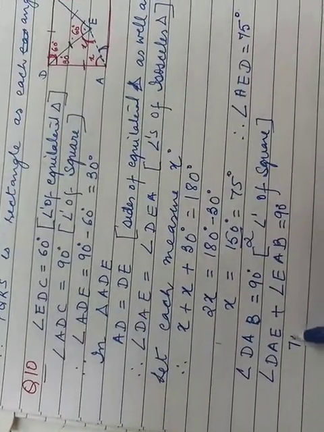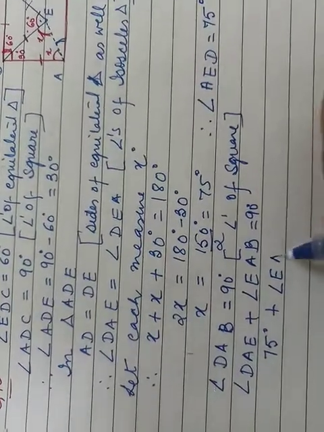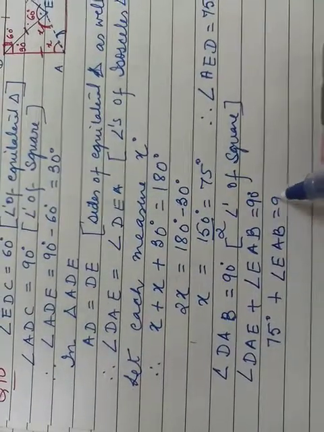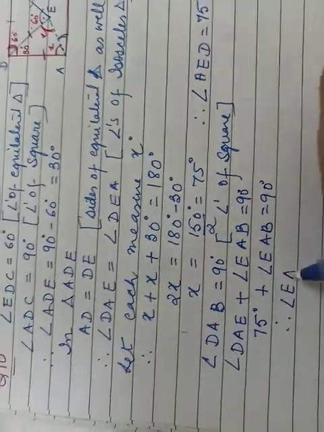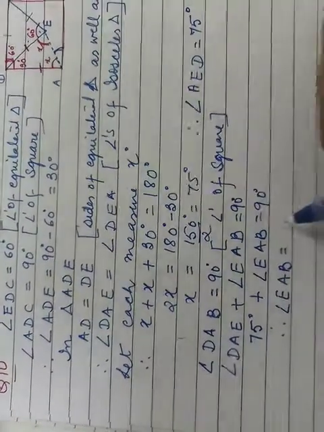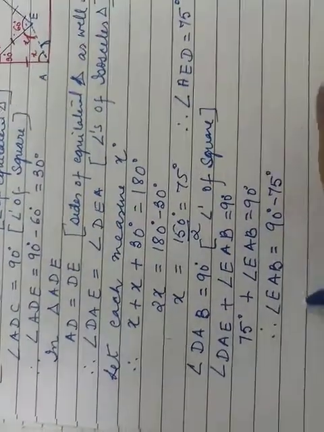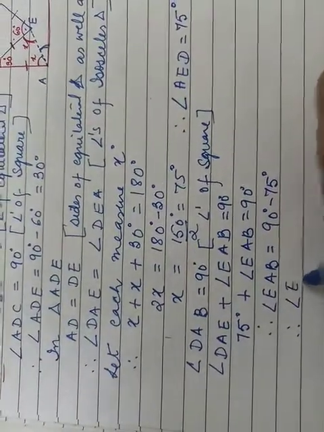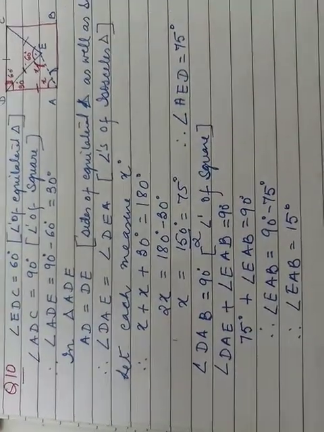DAE we calculated above is 75. Therefore, angle EAB we are going to calculate. Therefore, angle EAB is equal to 90 minus 75 degree. Therefore, angle EAB is equal to 15 degree.